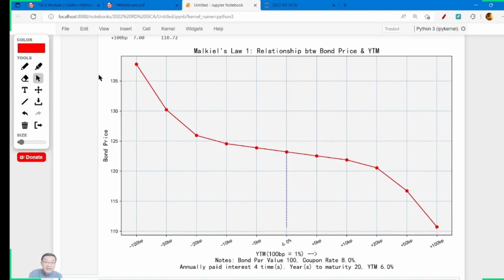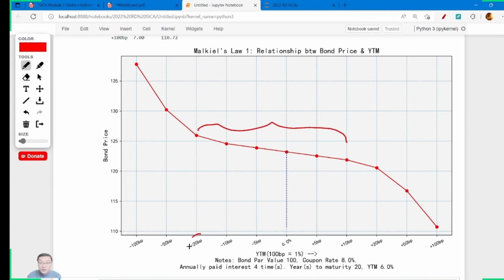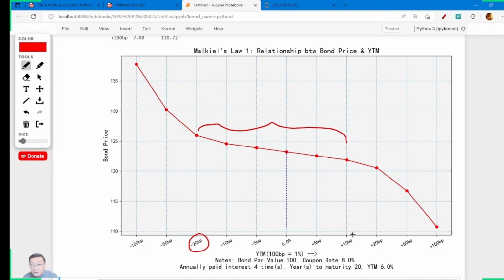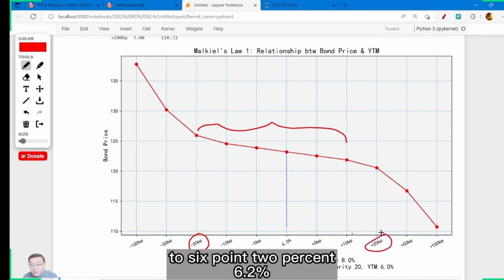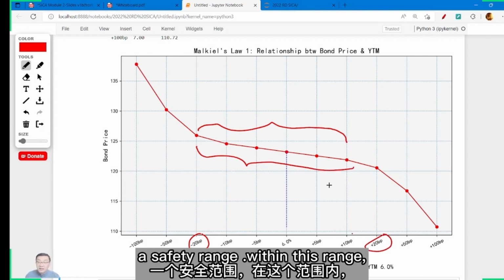First, the range of YTM is still between 5.8% and 6.2%. This is a safety range.